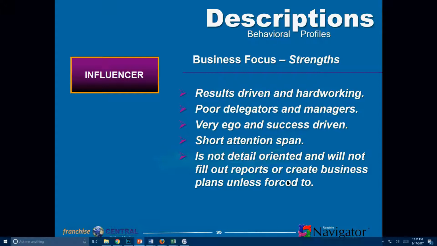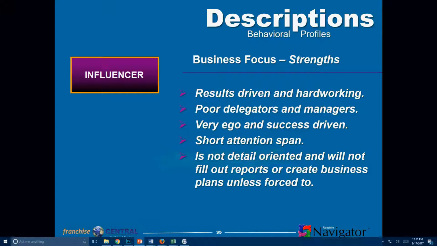Now, what's interesting is that when you're talking to somebody, or if you've been talking to somebody in the past without realizing it, and they've actually got a pretty high influencer score, when you ask somebody to fill out your preliminary qualification form and it's got financial information, the accomplisher is not going to give that information to you.